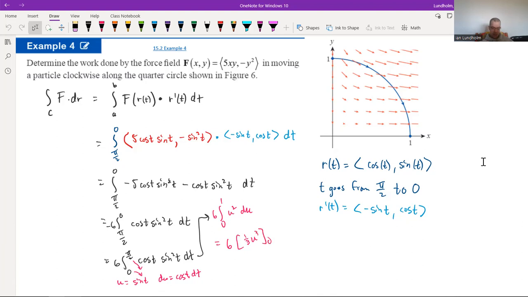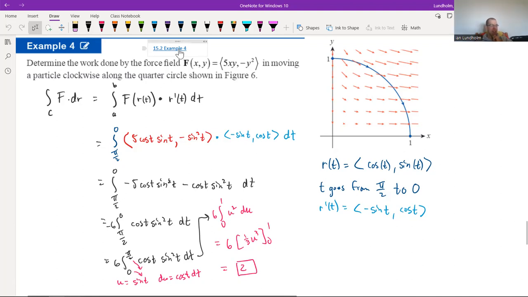We just plug in 1 and get 6/3, which is 2. So I think in the end here we have a value of 2 overall. Here, I'll check my notes and make sure that I didn't lead you astray. I think that's good.